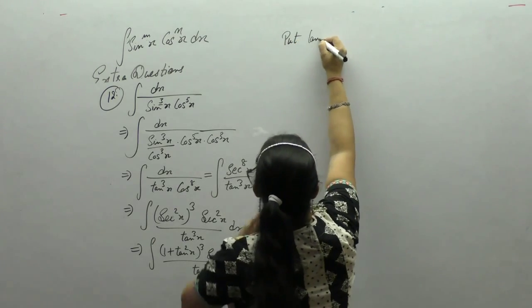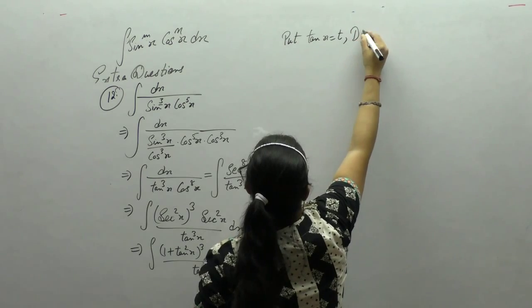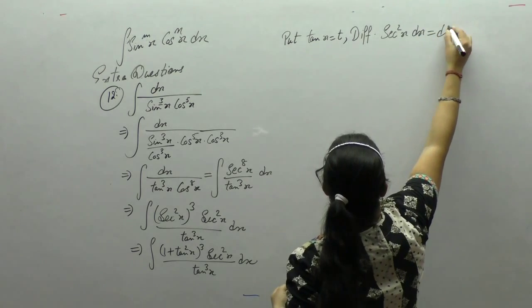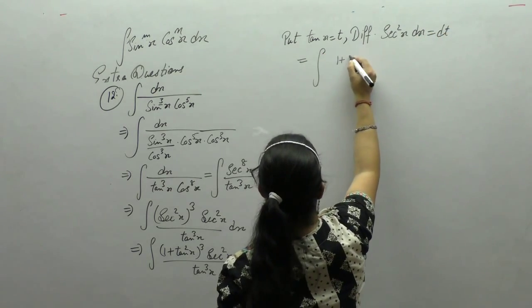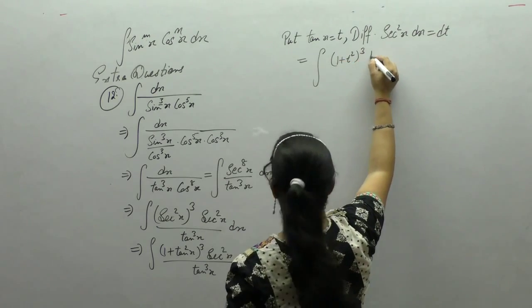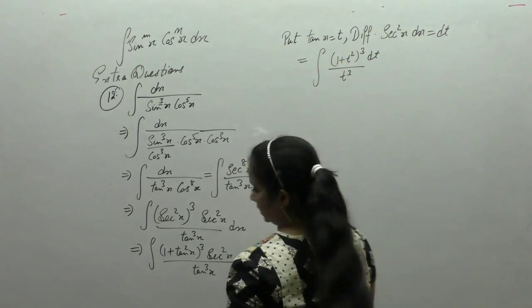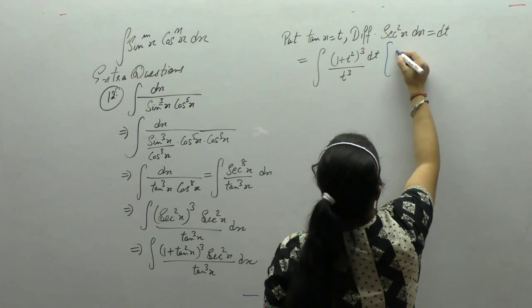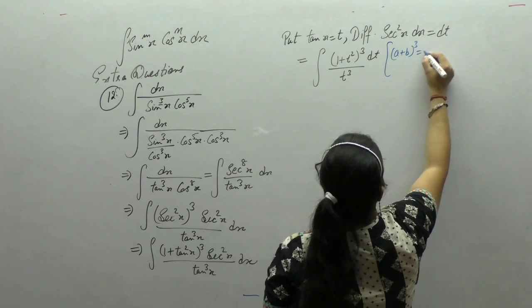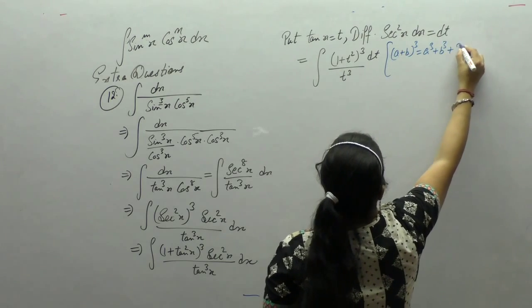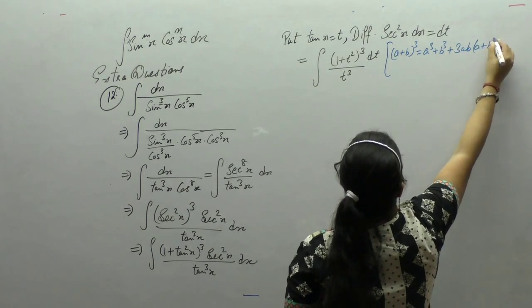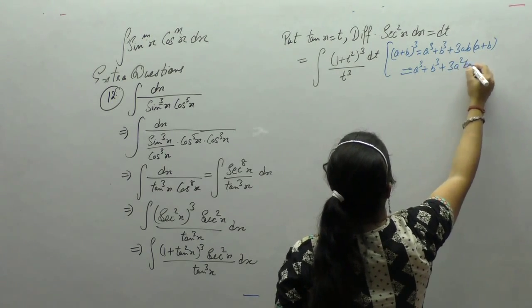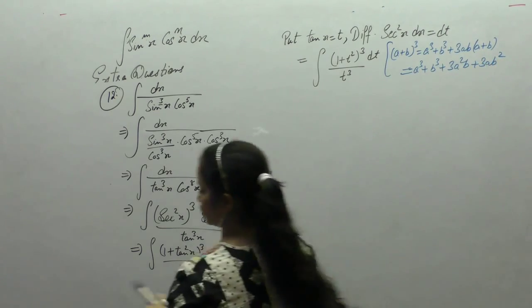Differentiate it. Derivative of tan is sec square x dx is dt. 1 plus t square whole cube dt upon t cube. Now apply the formula here. A plus b whole cube is a cube plus b cube plus 3a square b plus 3ab square.